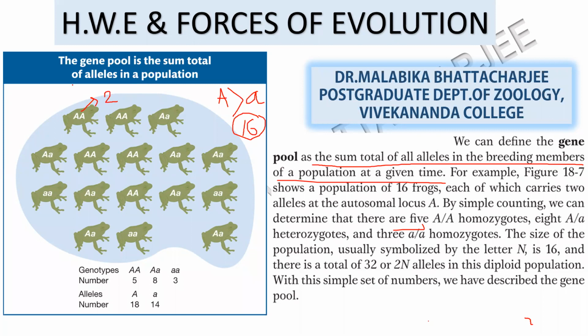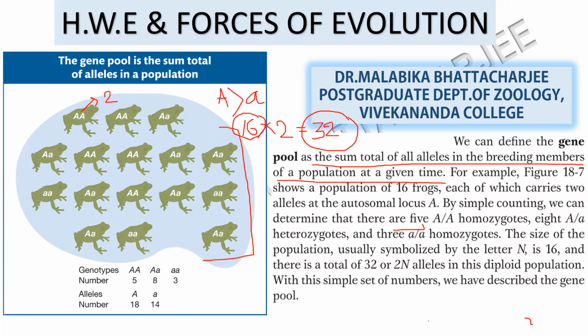So if there are 16 frogs and each frog contains two alleles, the total number of alleles present here is 32. For this given picture, we have 32 alleles for this particular gene.